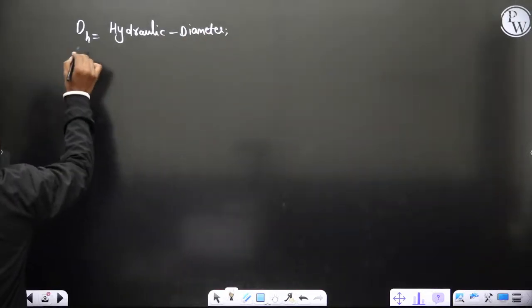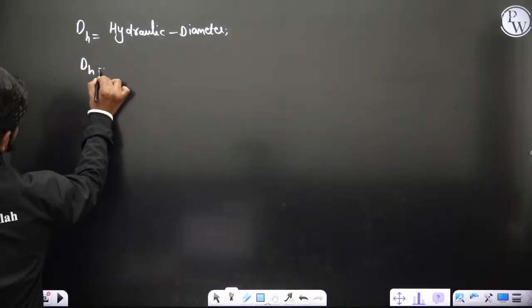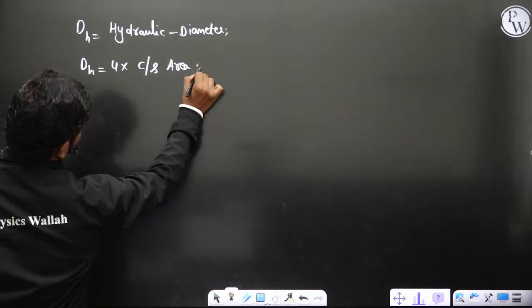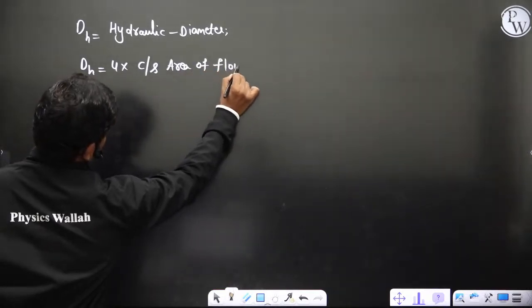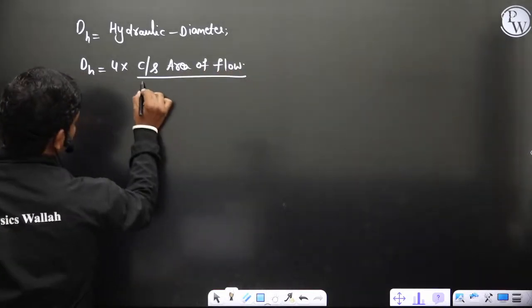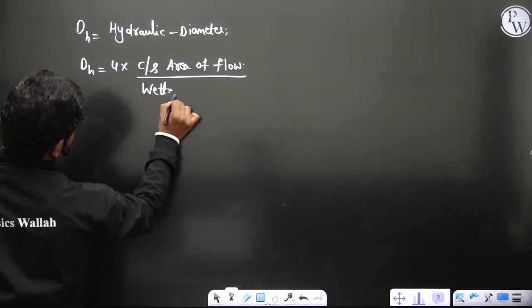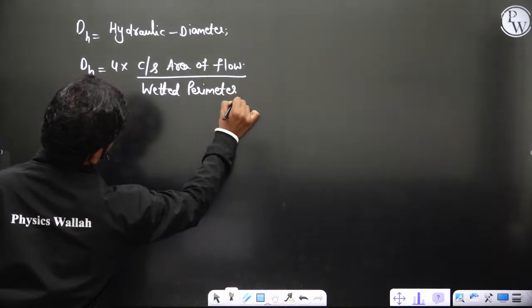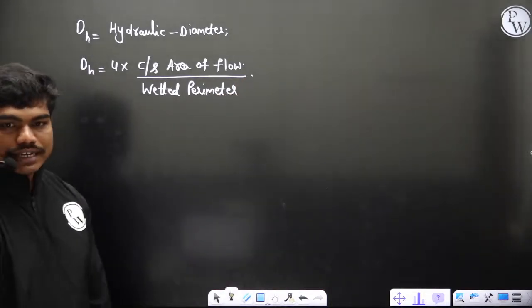So clearly this dh is like 4 times the cross sectional area of flow divided by wetted perimeter. Okay, so this is wetted perimeter.